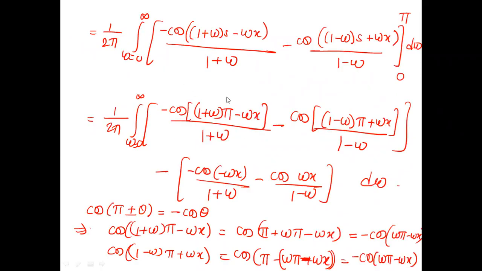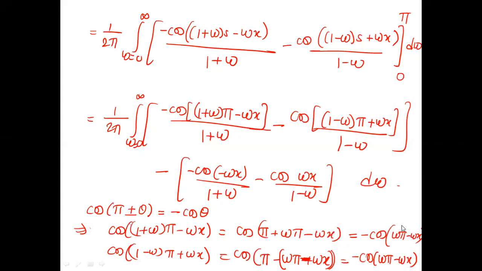Therefore, f of x is equal to 1 upon 2 pi integration 0 to infinity. This is minus of cos omega pi minus omega x. Minus is already there, so minus minus becomes plus.